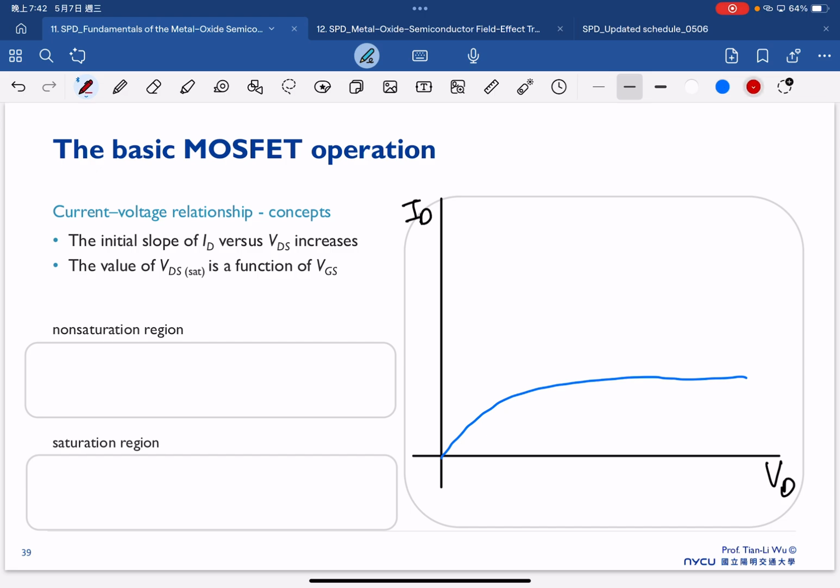If we increase the VGS here, then we will have the curve.